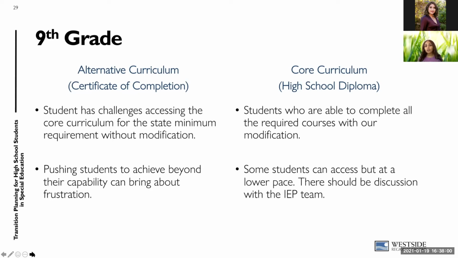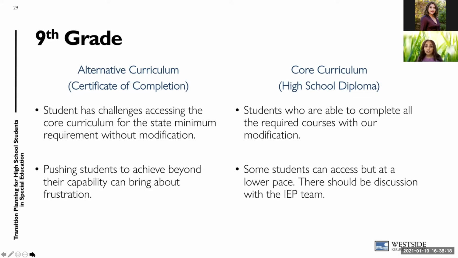And there's also the core curriculum, which allows the child to exit high school with a high school diploma. To really think about the child's skills, what they are able to do, what their challenges are, and what they can accomplish is very important.